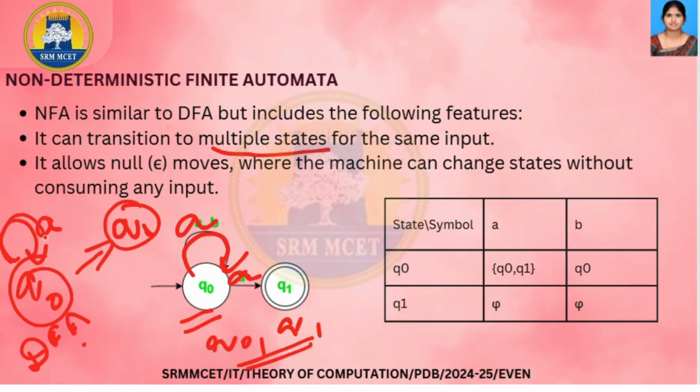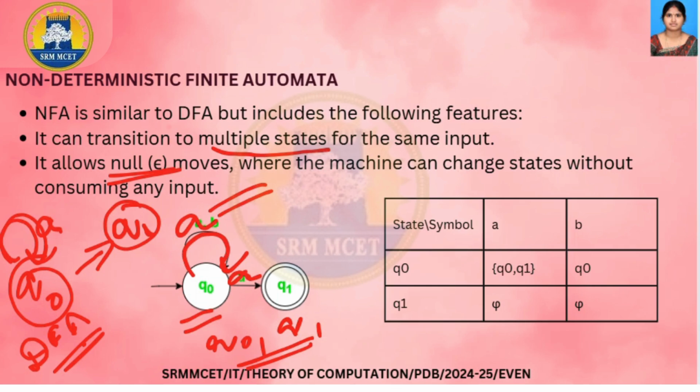But in a DFA, for the same input there is only one transition. This is the major difference between the DFA and the NFA. And the NFA also allows null moves, where the machine can change states without consuming any input. With the null input, it can transit from one state to another state, which is considered a non-deterministic finite automata.